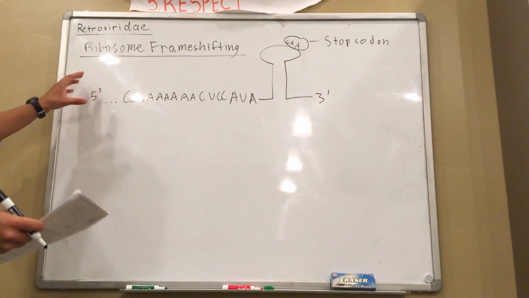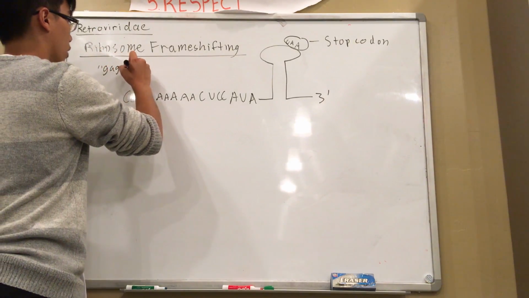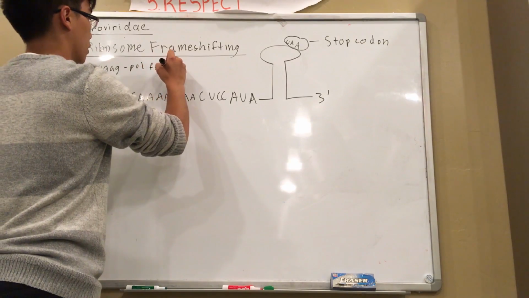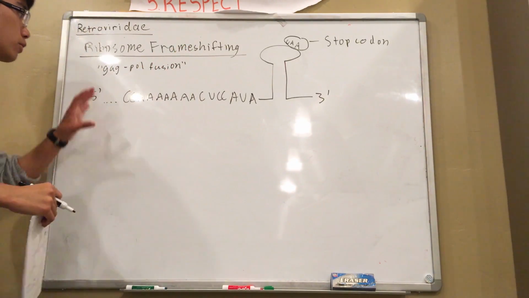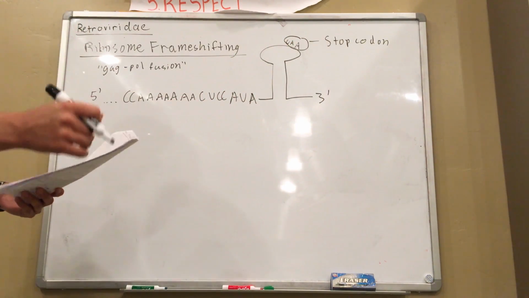So normally the GAG, and we'll label this as GAG-Pol fusion, normally the ribosome is chugging along, makes everything, and then gets to the stop codon and stops.